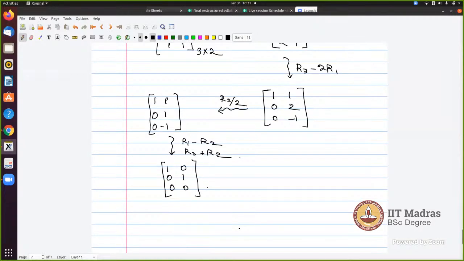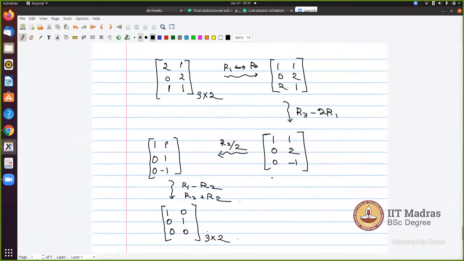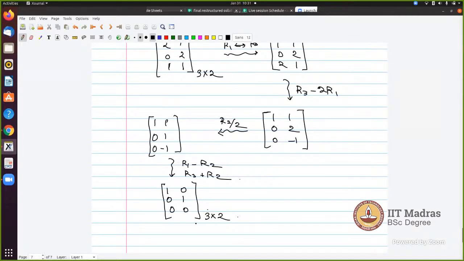Correct? Yes, sir. So this is the reduced row echelon form. Till this step, is everything clear, everyone? Yes, sir. Okay.